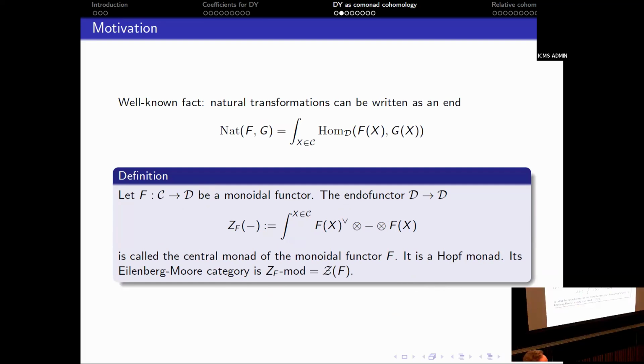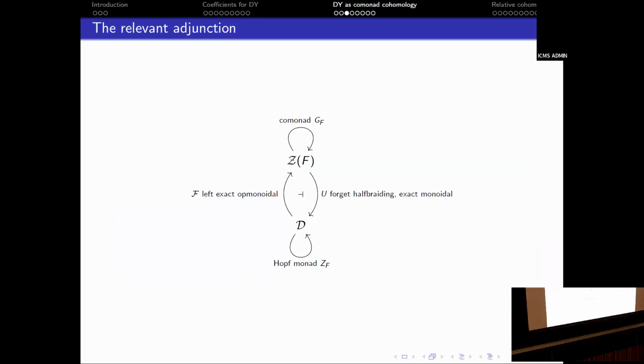So a Hopf monad is an endofunctor which is op-monoidal, and its Eilenberg-Moore category can be computed. And the Eilenberg-Moore category is our friend, the generalization of the Drinfeld center. So let me summarize the situation. We have here the generalization of the Drinfeld center. We have a forgetful functor which forgets the half braiding. It is exact and monoidal.